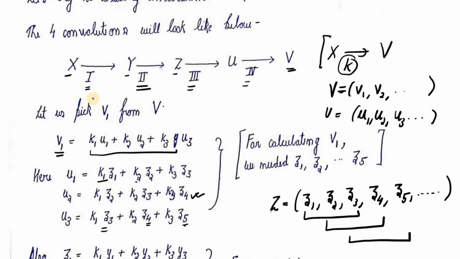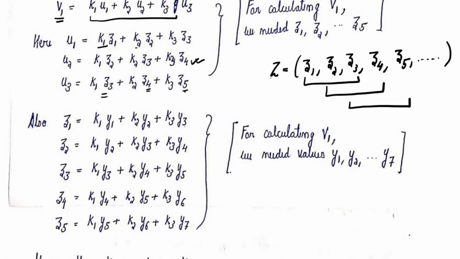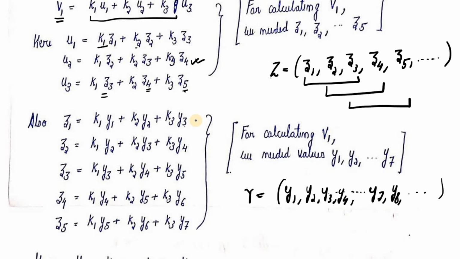Now we need to understand, for calculating even z1 to z5, how many y's are needed in the first place. So I expand it to the requirement we have. We assume that the vector y is going to be y1, y2, and so on, maybe y7, y8, and so on. It goes on. So for calculating z1, I consider the first three elements y1, y2, y3, and do the dot product with kernel k.